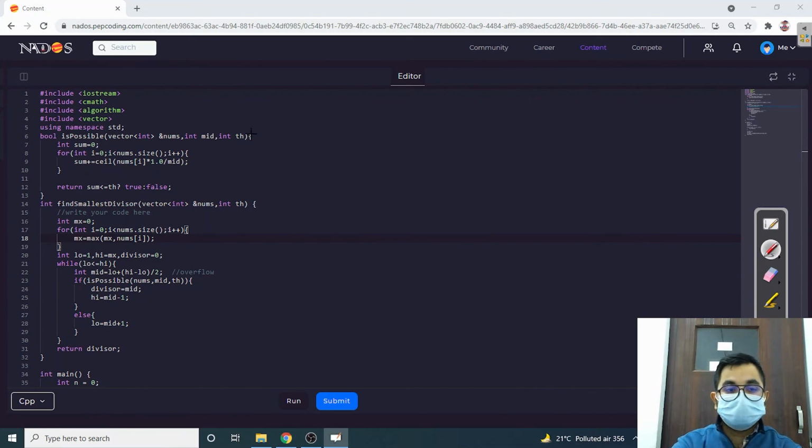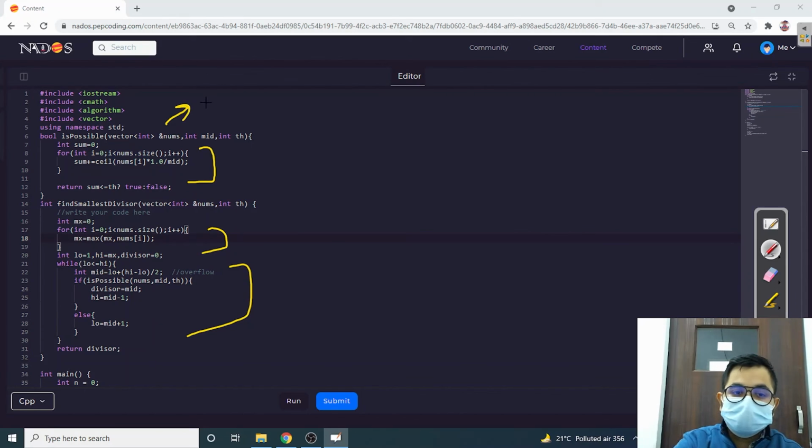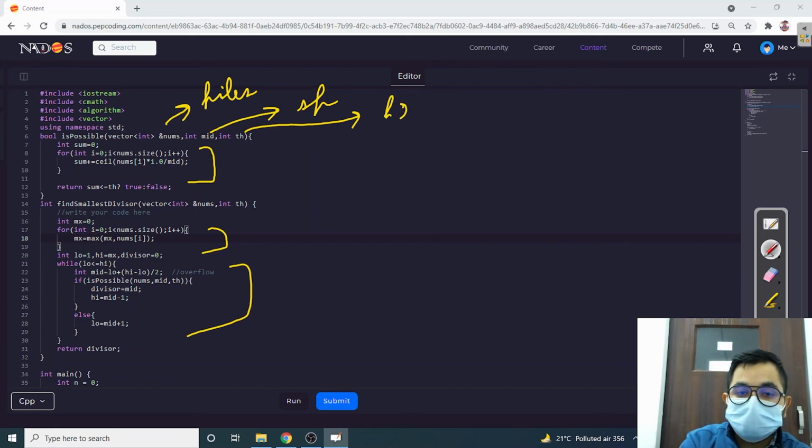Okay then. Now, if you have seen my previous video, you will find that I have written the same thing here, here, here. The entire thing is same. I have just changed the names. I used piles in place of nums in the last question, speed in place of mid, and hours in place of the threshold.